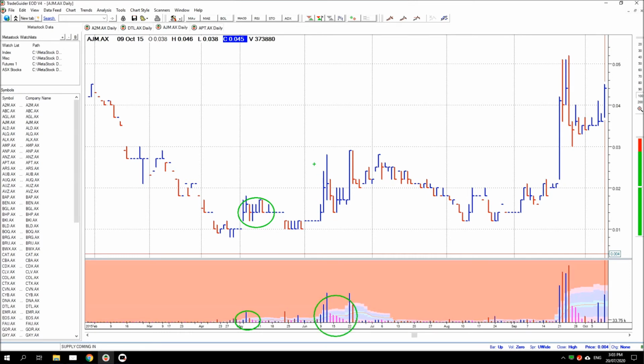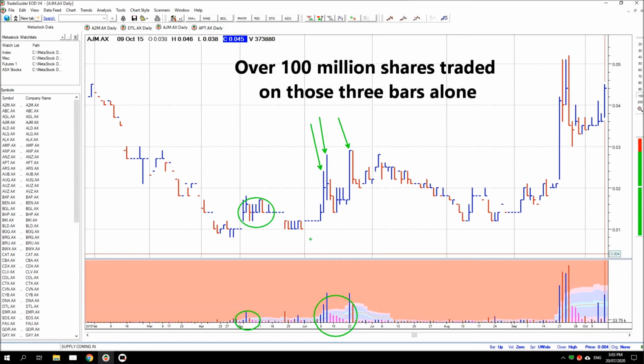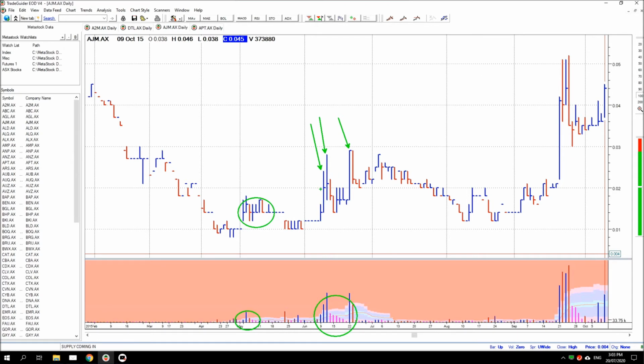This is more likely some form of speculative professionals buying into the market. You can see there was no climactic action. The only way that stock could be accumulated was to buy the offer. So they buy the offer and then let it fall down, close mid-bar, buy the offer again, let it fall down. Once they remove their support or their buying, the market just drifts lower under its own weight.